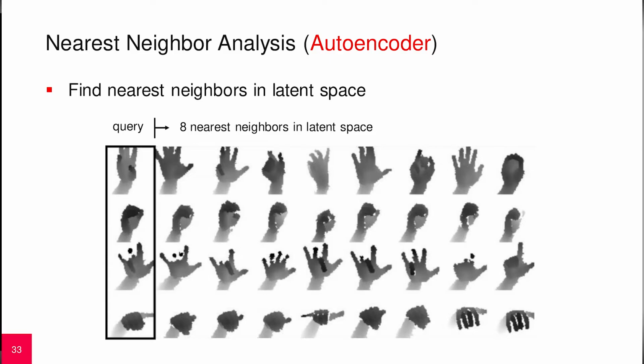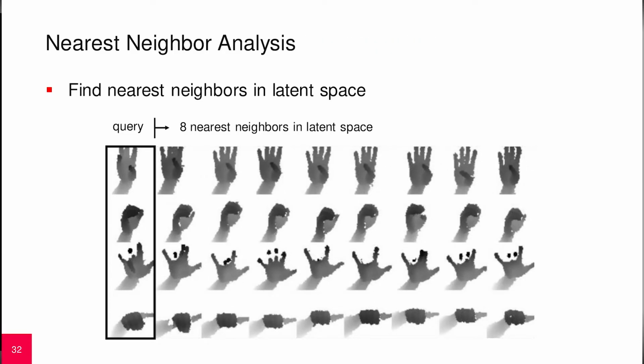They're similar maybe in some respect, but not in terms of the pose. Sometimes they are, but often not. Compared to the results from our model, ours are quite significantly closer to the pose of the query samples.